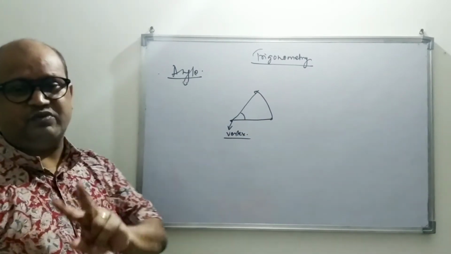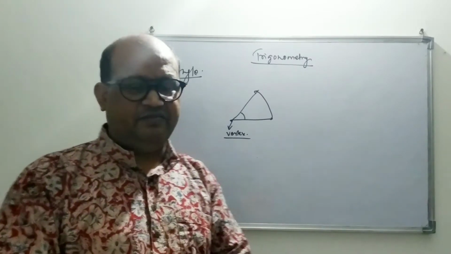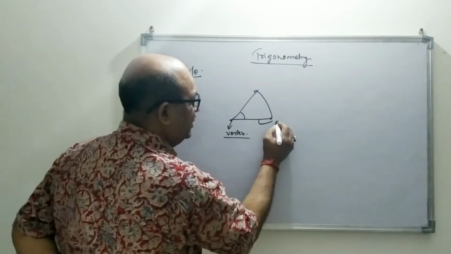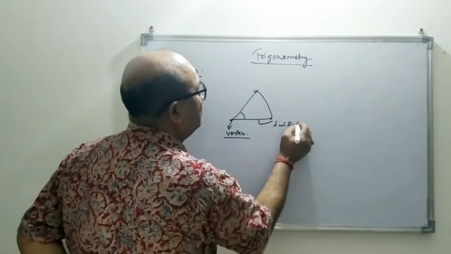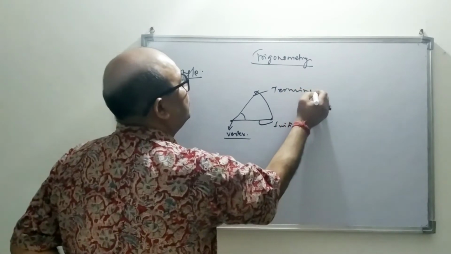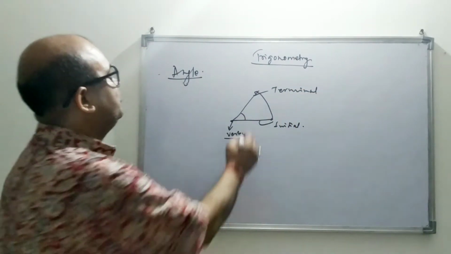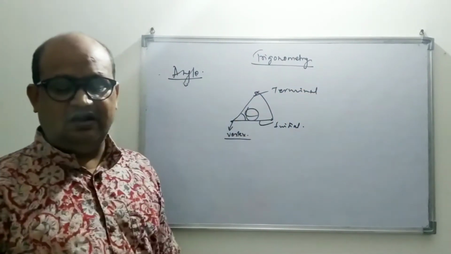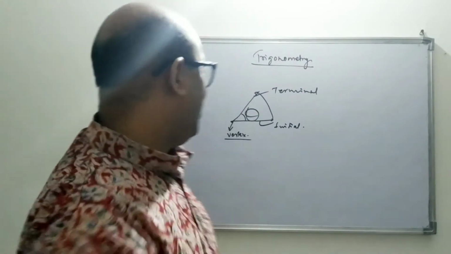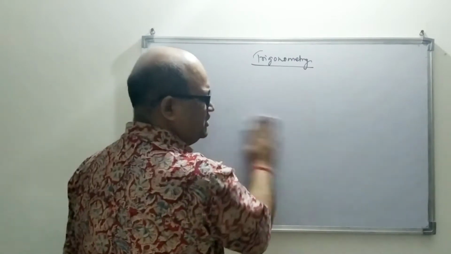Now there are two types of angle, positive and negative. This is called initial ray, and this is called terminal ray, and this is suppose theta. This is the angle. What is positive angle?